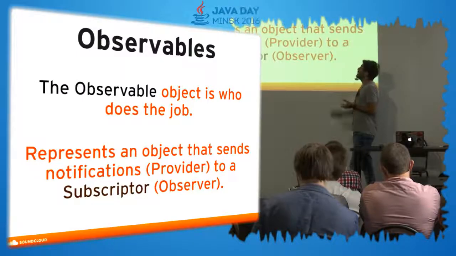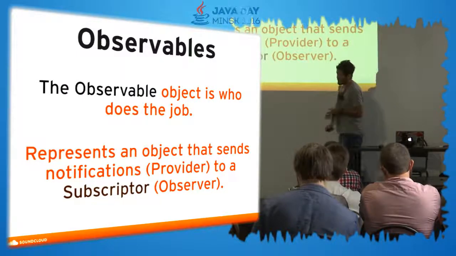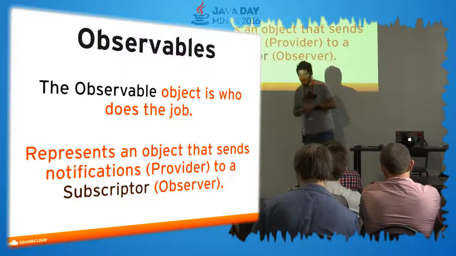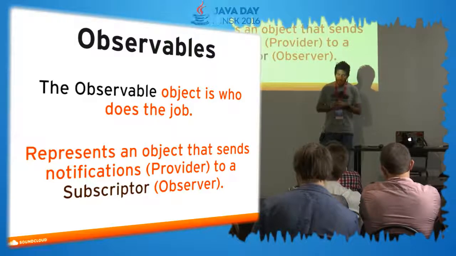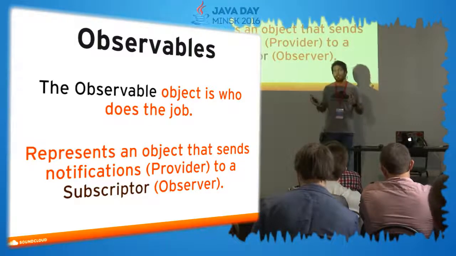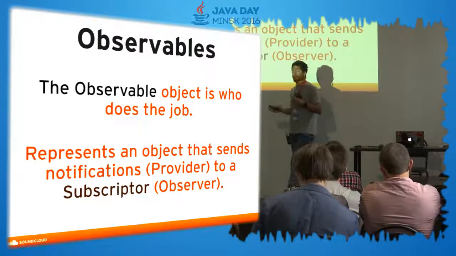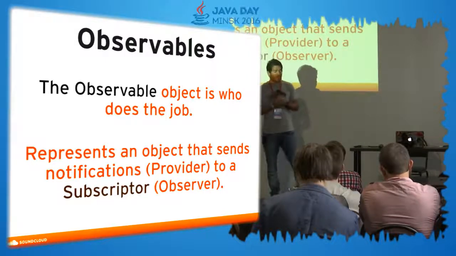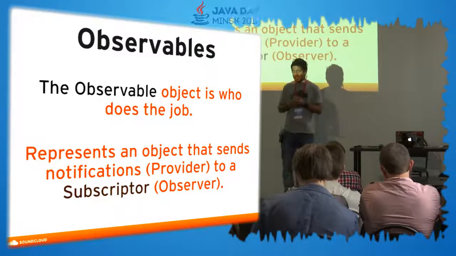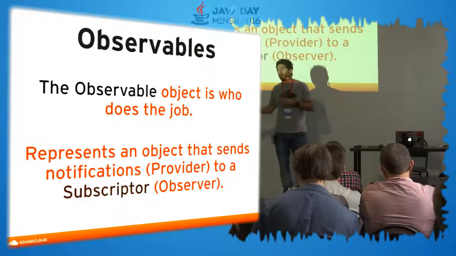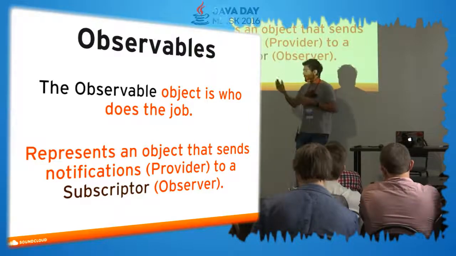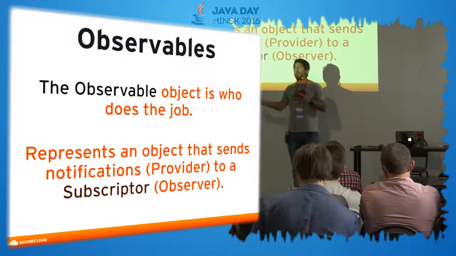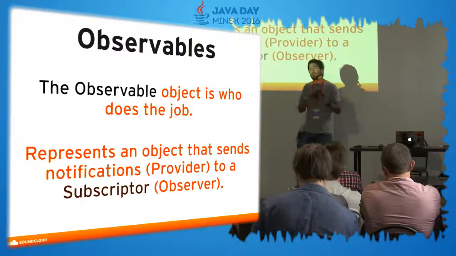So let's start with observables. I think this is the main concept of RxJava, and something I wanted to point out here is the difference between reactive programming and imperative programming. When we are doing imperative programming, we are basically doing a pull model. For example, we have a producer that produces some data and a consumer that consumes that data.